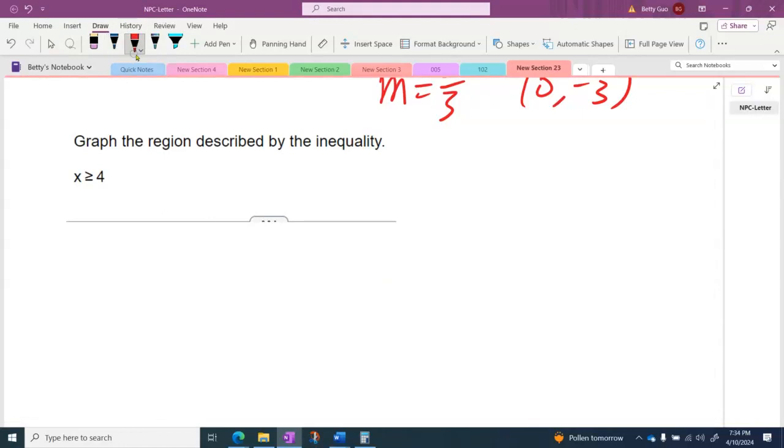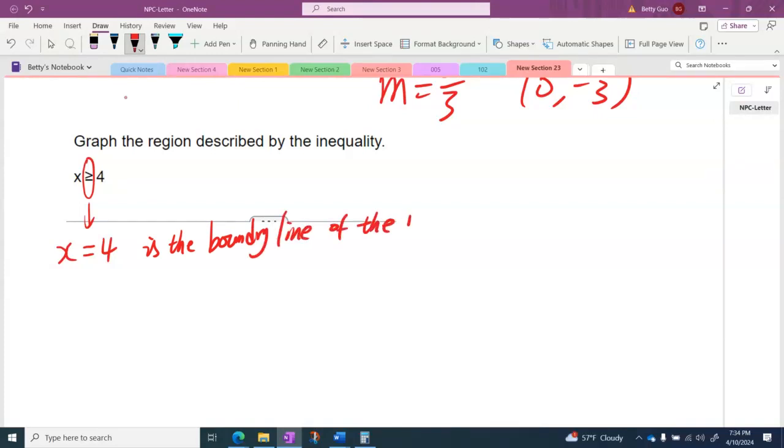So firstly, we're going to change the inequality symbol to an equal sign. And we have x equals 4. And that is the boundary line of the region we're looking for. And the region represents the solution set of the inequality.